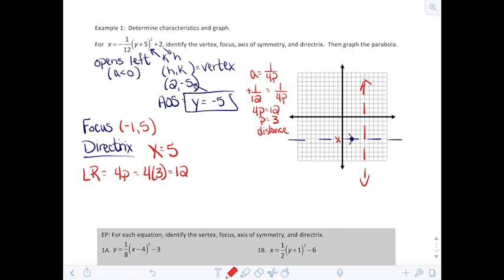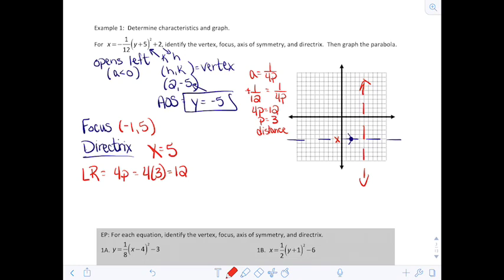I'm going to go 6 up from the focus, 1, 2, 3, 4, 5, 6, and 6 down, 1, 2, 3, 4, 5, 6, and this helps me graph the width of my parabola so that I'm more accurate. So I have a vertex of 2, negative 5, an axis of symmetry of y equals negative 5, a focus of negative 1, 5, a directrix of x equals 5, and then I have it graphed correctly.